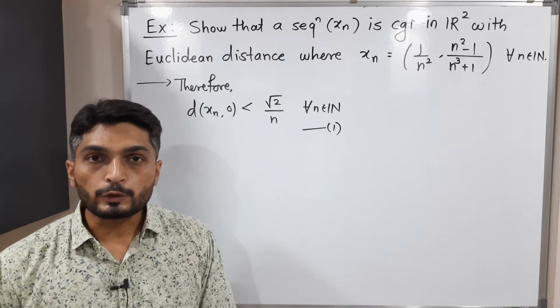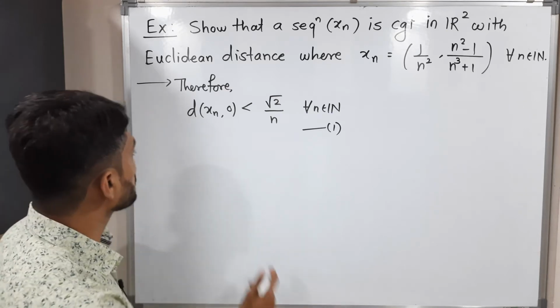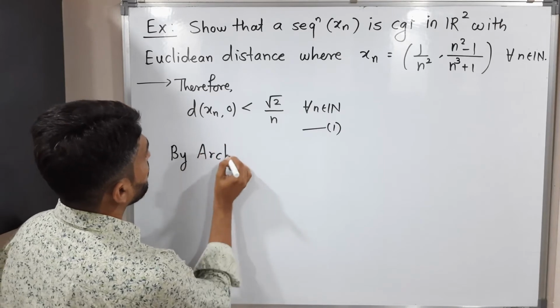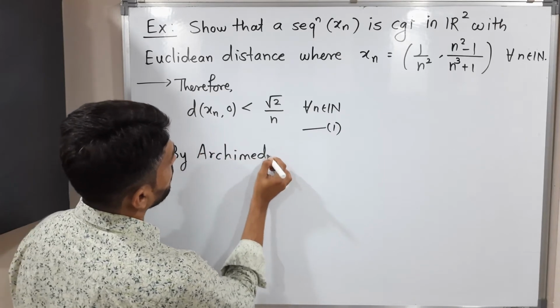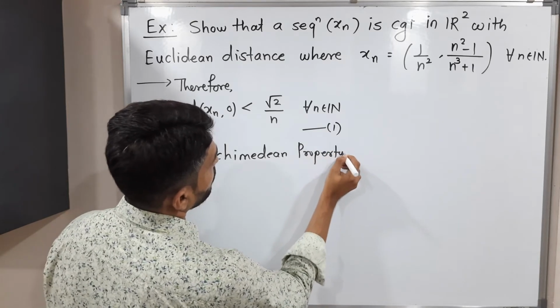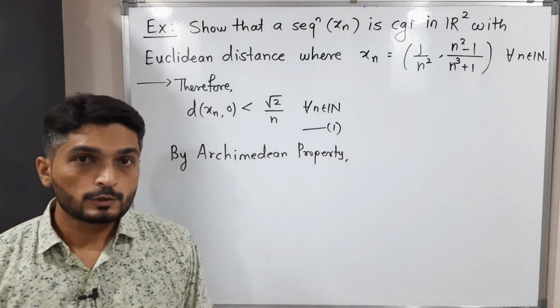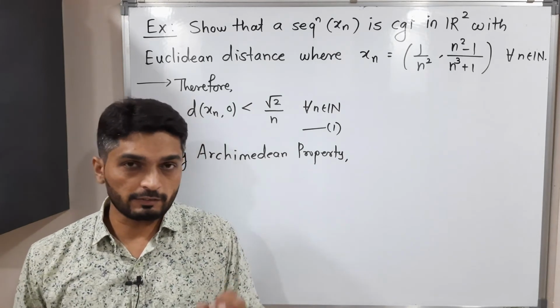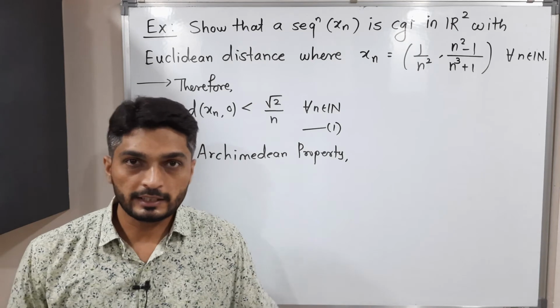So now I am going to use the Archimedean property. You remember the Archimedean property? This property says if you have any real number, definitely we can find a natural number greater than the given real number.